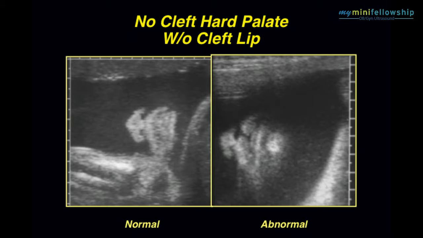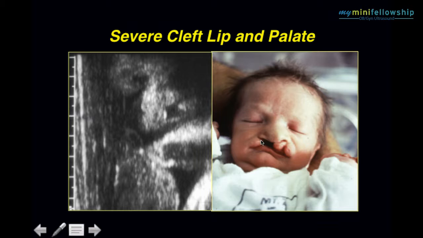And in addition, as you know, the AIUM ACR ACOG guidelines require you to take this view of the lip, which will help you to identify it. Now, these are the kinds of severe clefting that result in polyhydramnios because, again, as the child tries to swallow and take a bolus of water to the back of the throat, it simply doesn't work.